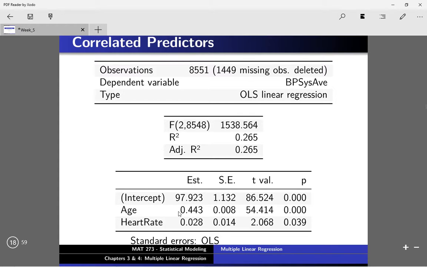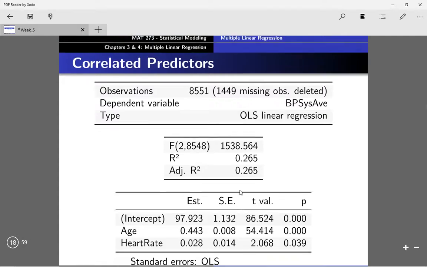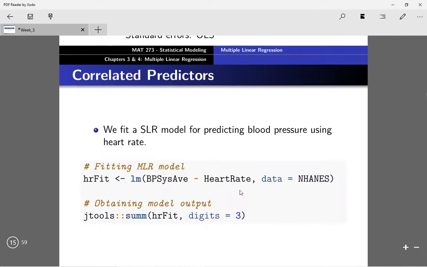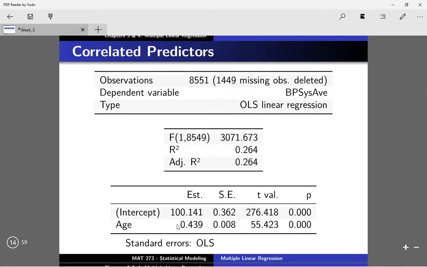And similarly for age, this is the effect of age on blood pressure after accounting for heart rate. It just turns out that the effect of age after accounting for heart rate, 0.443, if we go back to its simple linear regression output, 0.439, it's very similar still.